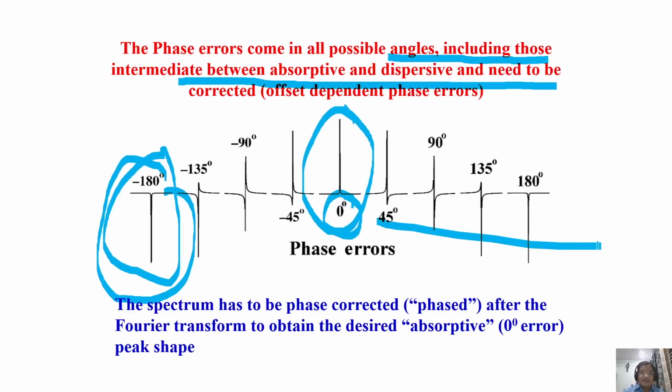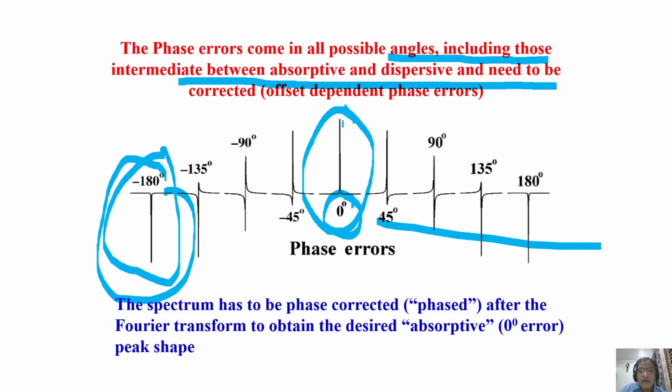Now, how do you correct the phase? This is the phase error, and it can be frequency dependent and frequency independent. Both types of phase errors are possible. We will discuss it now. But how do you correct it? The phase correction is nothing but your real component and imaginary component. You have to adjust it, electronically, or in the instrument in such a way as to ensure that these two components are exactly out of phase by 90 degrees.